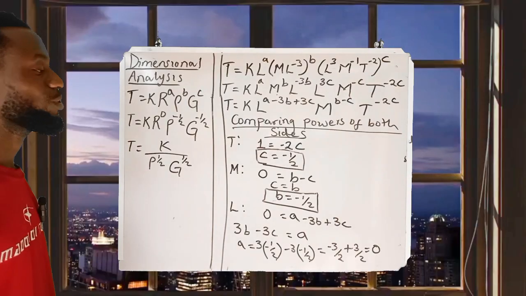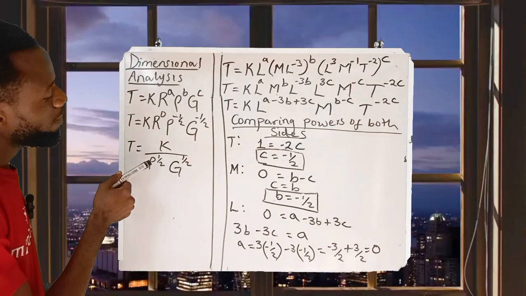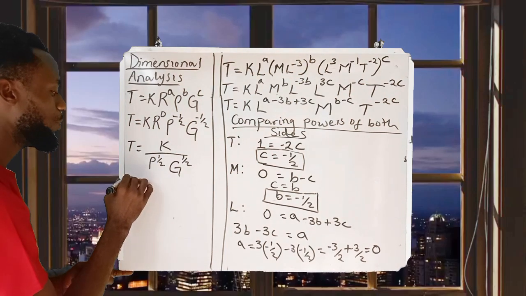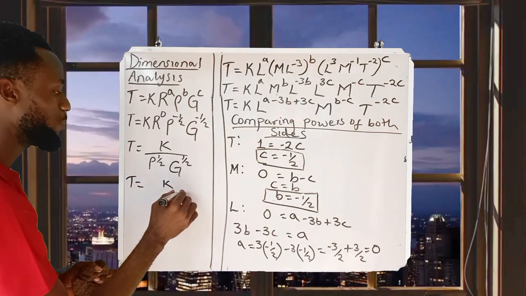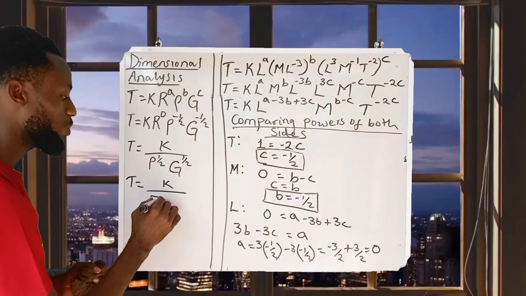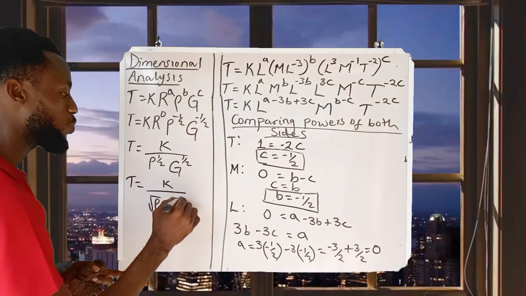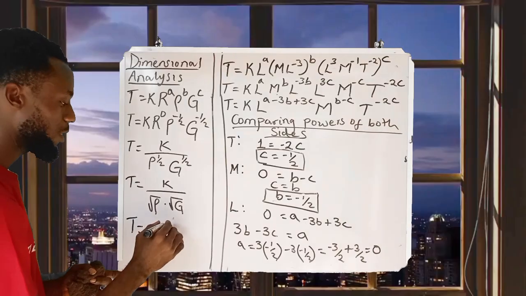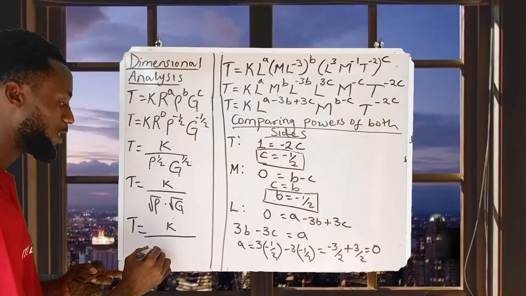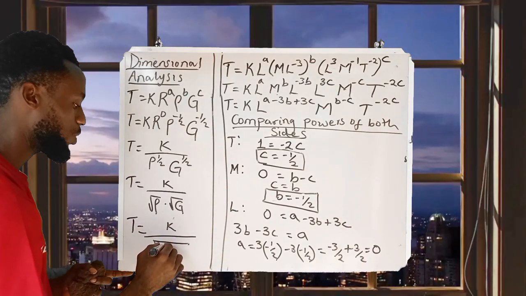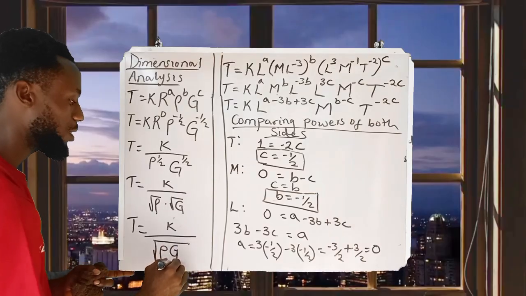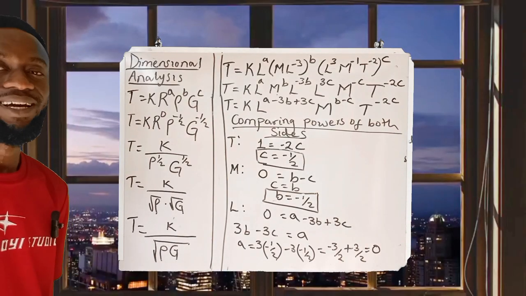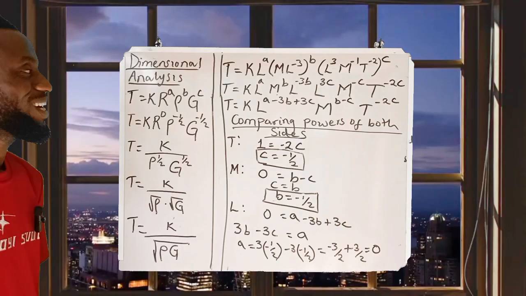And we already know, according to indices, that the power of half also means square root. So this simply means that the period of oscillation is represented by K divided by the square root of both density and the gravitation constant. So that's an interesting example, don't you think?